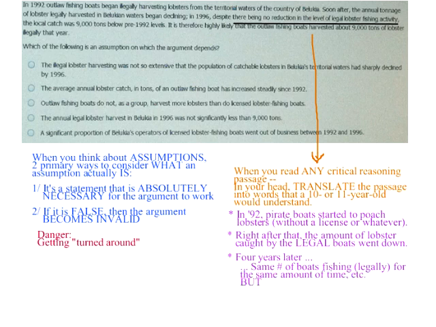But they caught 9,000 tons less than they did. It says in 1992, but what is the real point of pre-1992 levels? Like pre-1992 levels are before what? Before the pirates, exactly.